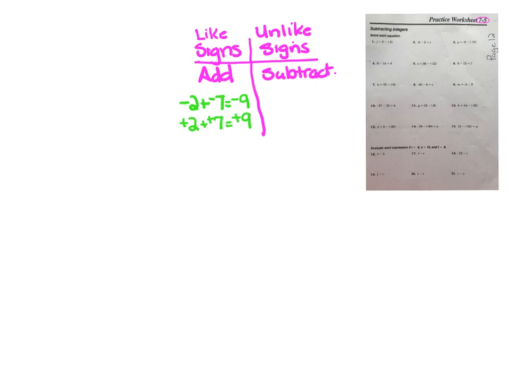Let's take a look what happens when we have unlike signs. A -10 plus a +3. Well, we certainly have more negatives, so we know negatives will be left over. And as we find the difference between the two, we get a -7.